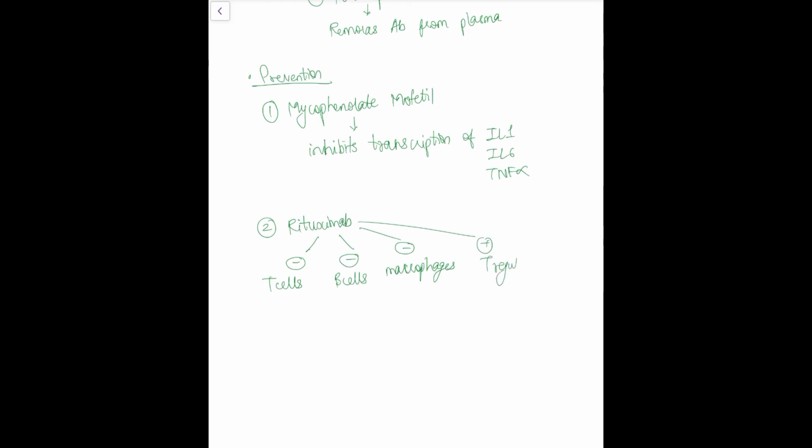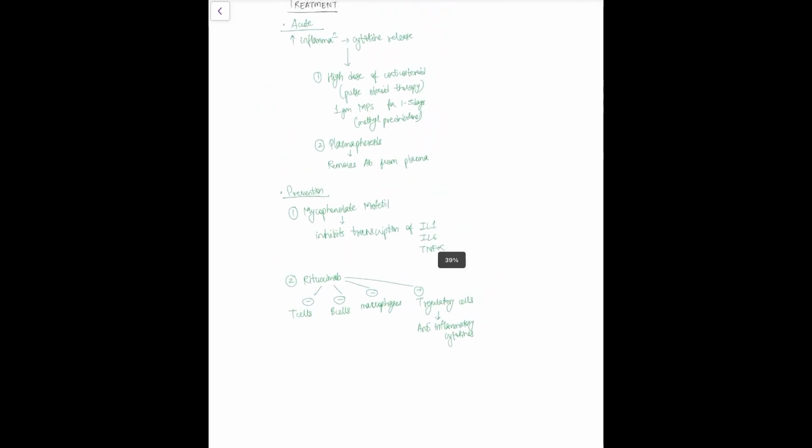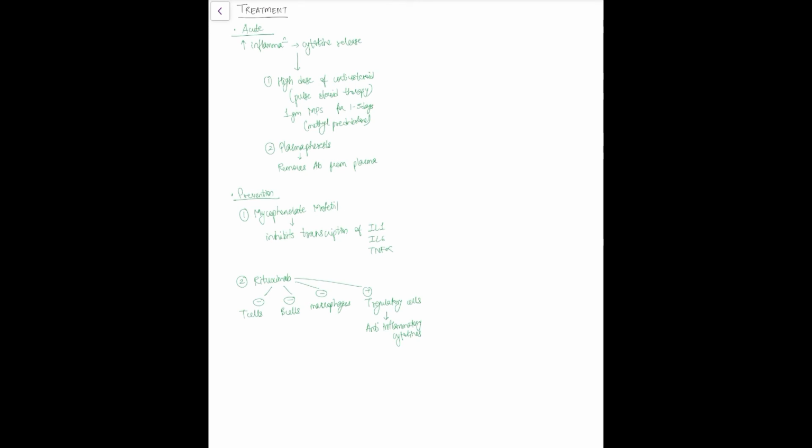These T regulatory cells release anti-inflammatory cytokines, IL-10, and suppress the inflammation. So for long-term prevention of transverse myelitis, you would give rituximab or mycophenolate mofetil. So that's about the treatment of transverse myelitis.